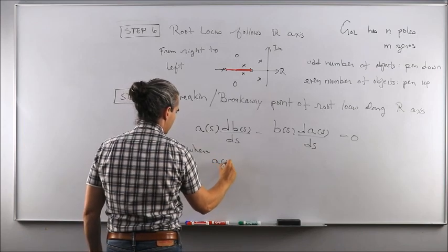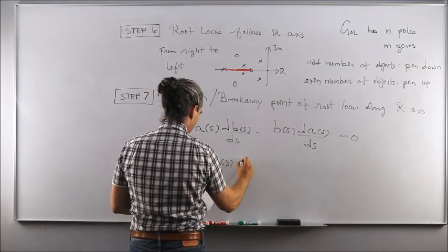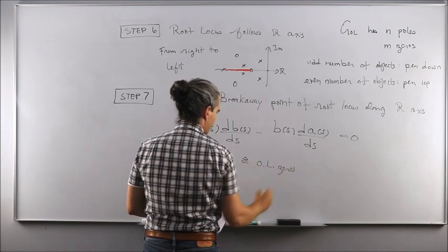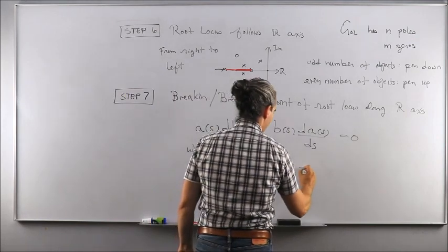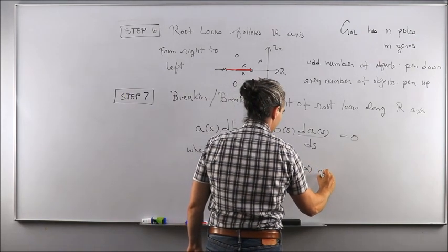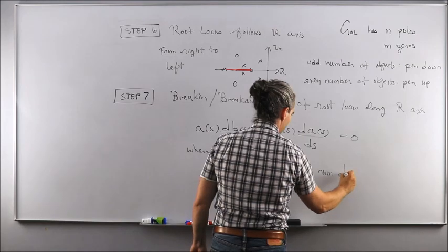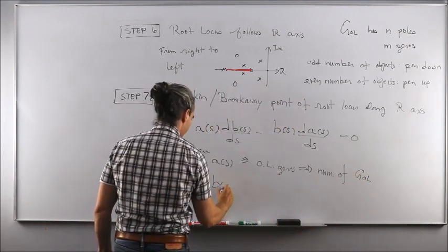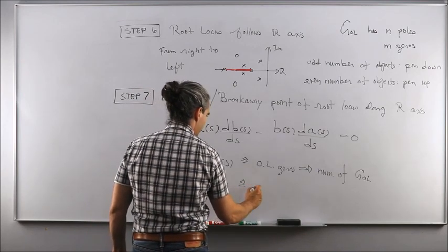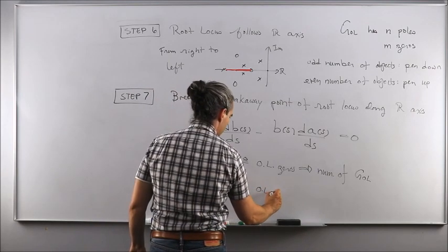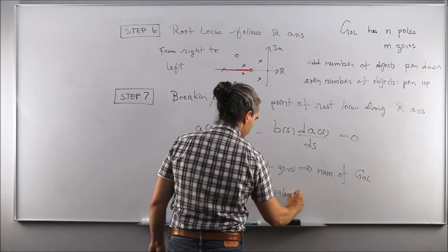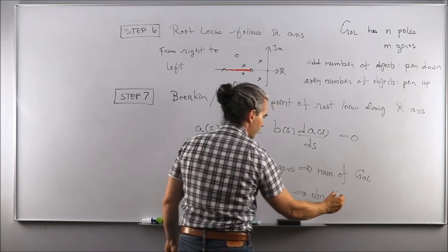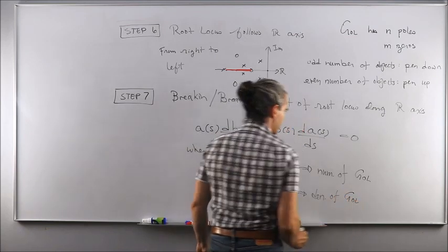Where a is the open loop zeros, or equivalently the numerator of your open loop transfer function, and b is defined as being the open loop poles, or the denominator of the open loop transfer function.